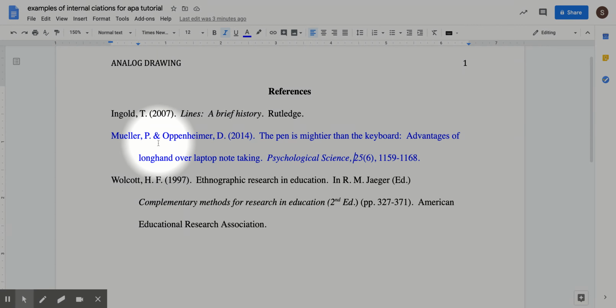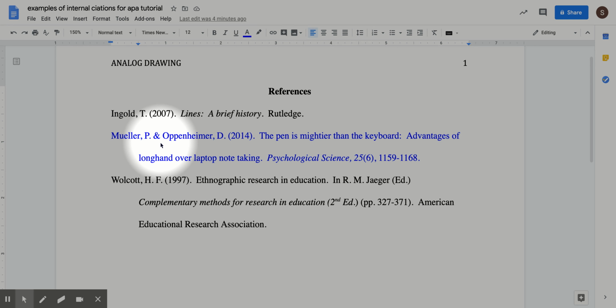You'll also notice here the ampersand. Did you know that was called an ampersand? Most people don't. They just recognize the symbol. The ampersand is something that comes into play in APA in that in a formal reference space, like on the references page or in a parenthetical citation, you would use the ampersand to separate Mueller and Oppenheimer. You wouldn't spell out "and," A-N-D.